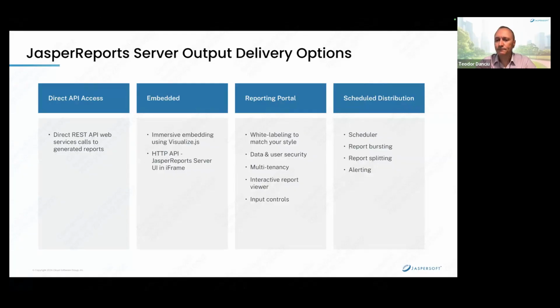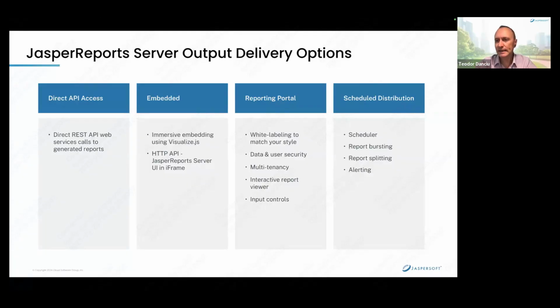And not only that, but scheduler-based functionality include report bursting, meaning you can have a report that triggers a series of separate jobs. If you, for example, want to send 10,000 invoices overnight to your 10,000 customers, you'll probably trigger 10,000 jobs like that that will run concurrently and make use of the scalability infrastructure that you might have in place.